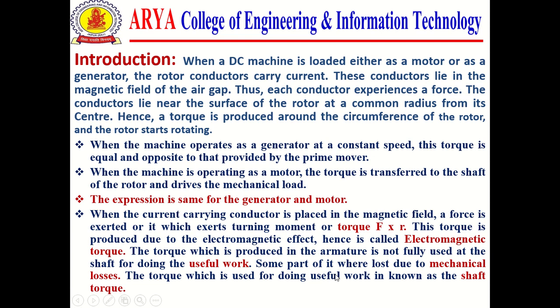Some part of it is lost due to mechanical losses. The torque which is used for doing useful work is known as the shaft torque. This is the useful torque, because the electrical power is converted to mechanical power by the shaft torque.